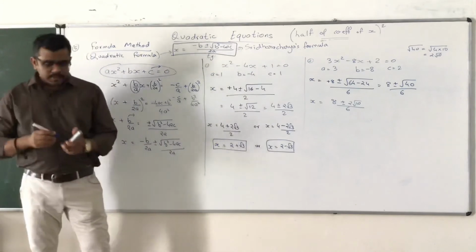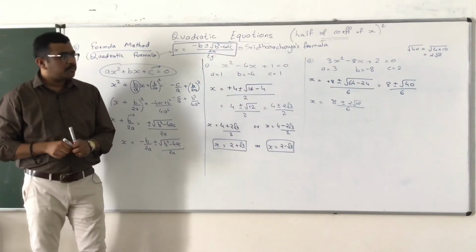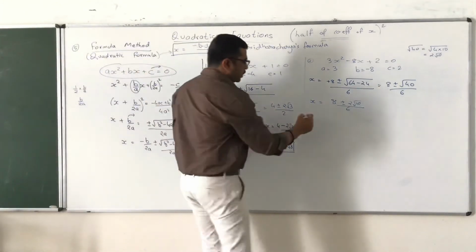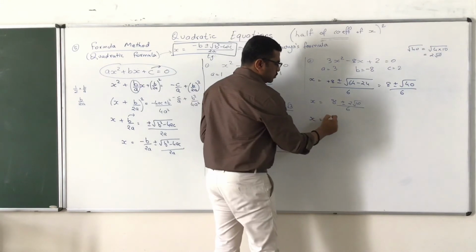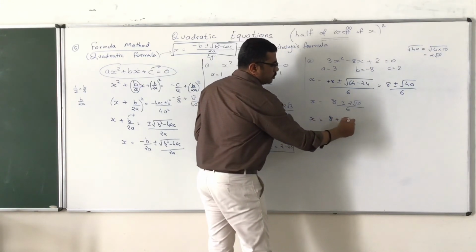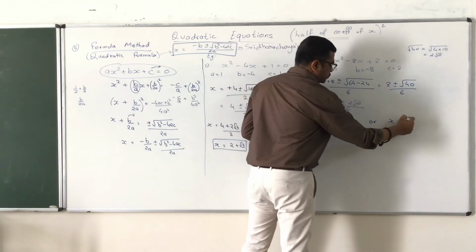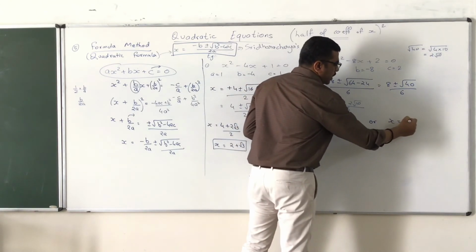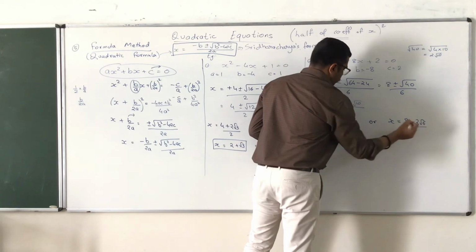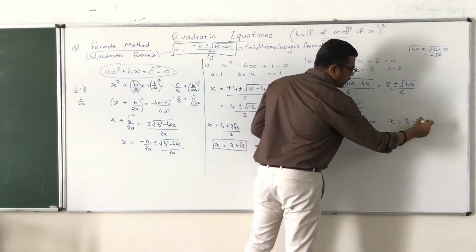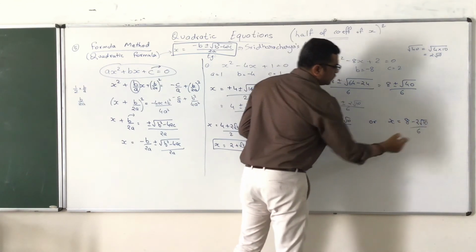And now we take one time positive and one time negative. So we have two roots, x equals 8 plus 2 root 10 upon 6, or x equals 8 minus 2 root 10 upon 6.